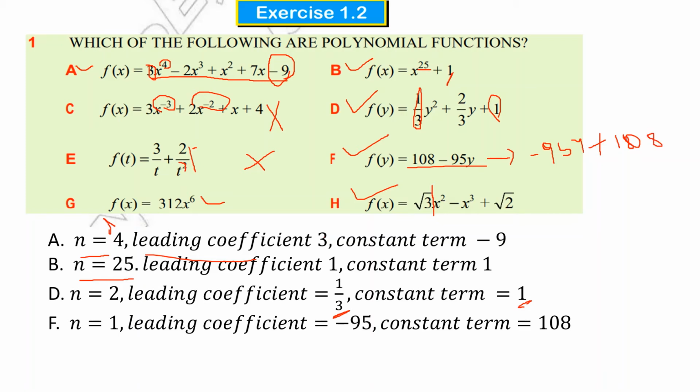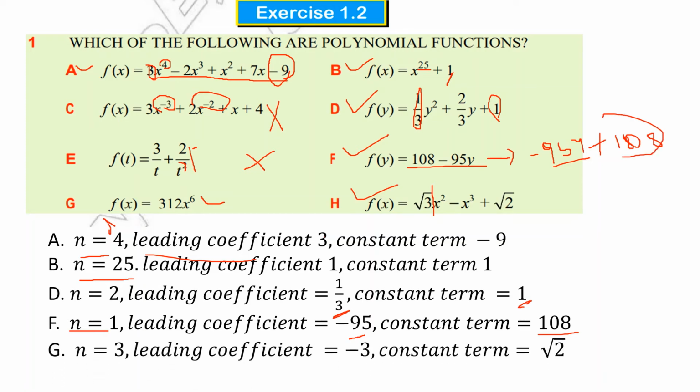So this one is the leading term, leading coefficient, and n minus 1 is y to the power of 1, so n, the degree, is 1, and the constant term is 108. Constant term is 108.